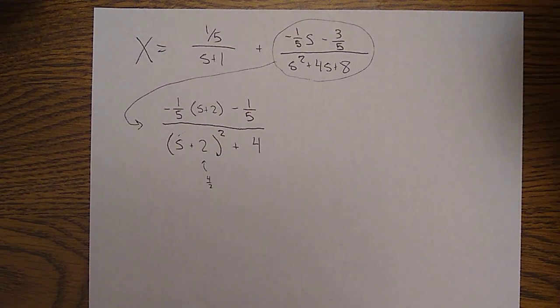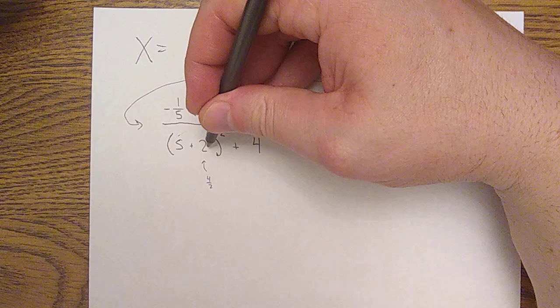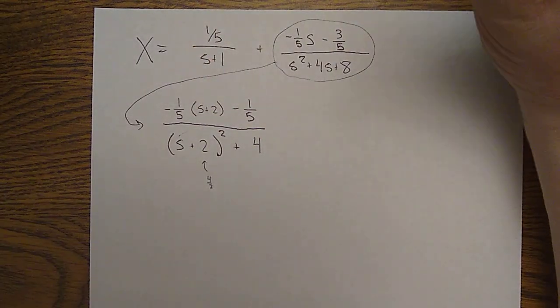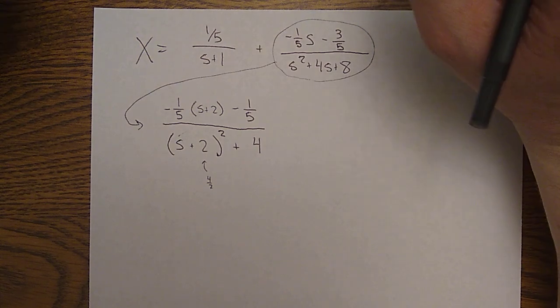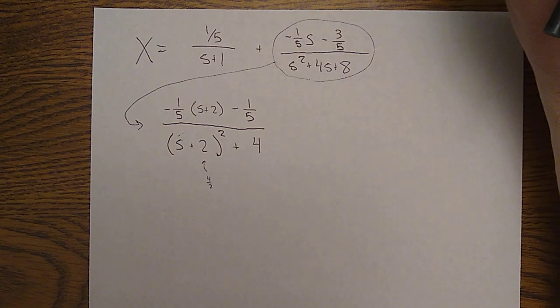So what we're going to use, and the reason I was sort of obsessed with making all of the s's in parentheses as s plus 2's, is because we're going to use translation.